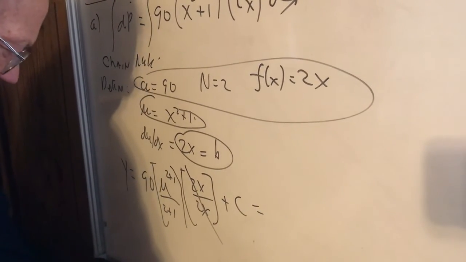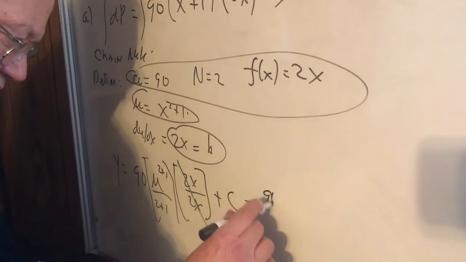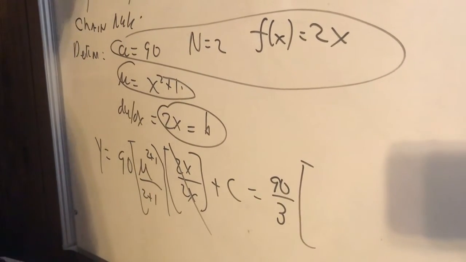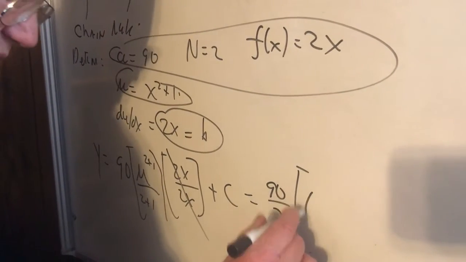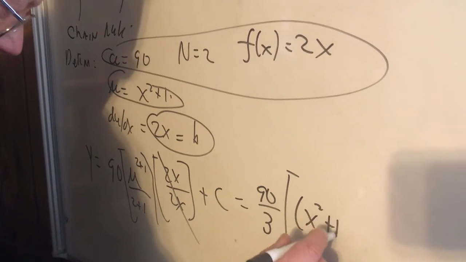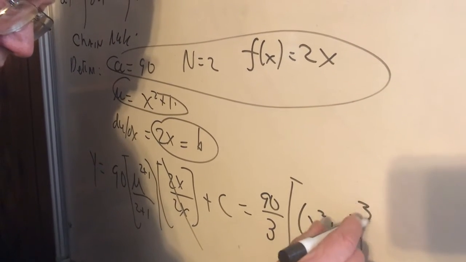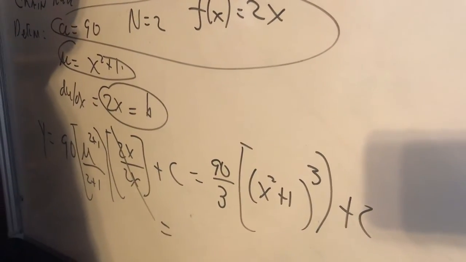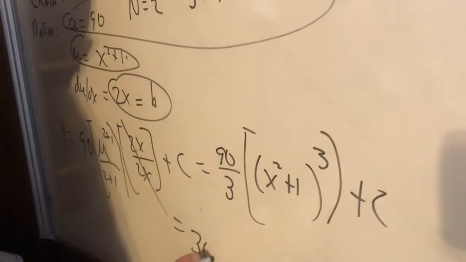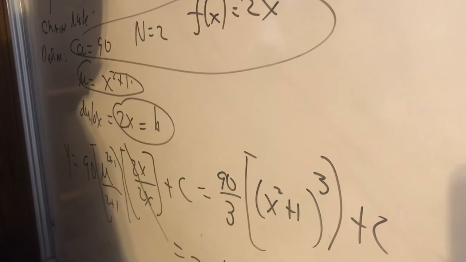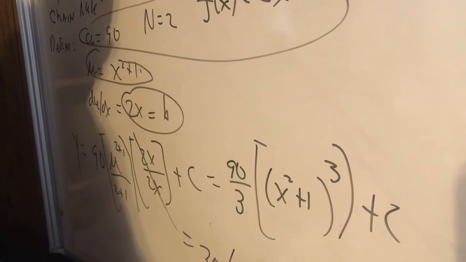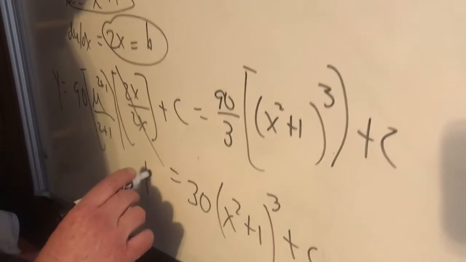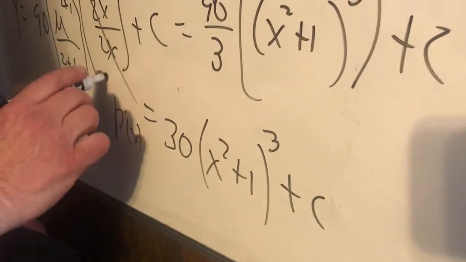So I get 90 over 3. Put the u back: x squared plus 1 to the third, plus c. That is going to be 30 times (x squared plus 1) to the third plus c, and that's our P of x.